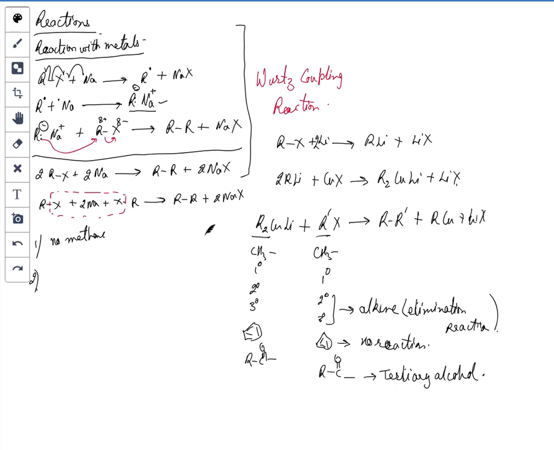Now I have a slight homework for you. I am giving you certain alkanes. And you have to prepare these alkanes by whichever method you like. You may prepare it by Wurtz coupling. You may prepare it by Corey-House reaction.